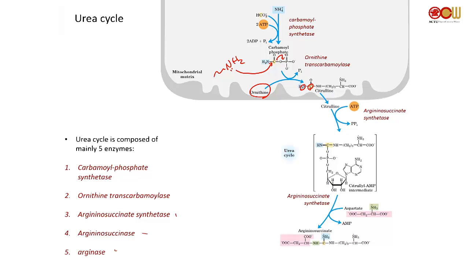Now, citrulline comes out of the mitochondria, and then citrulline gets activated by throwing AMP on it. So this guy here is AMP. You activate that first.